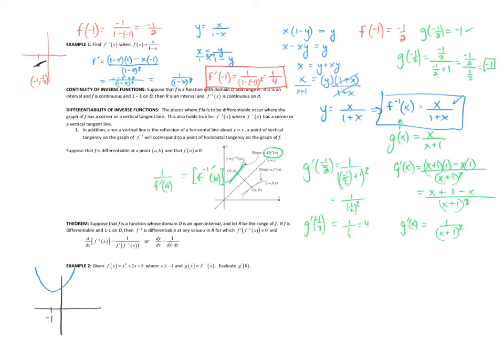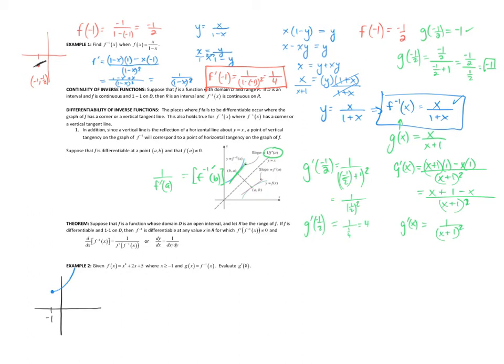But if we're only talking about x's that are greater than negative 1, we're only going to be talking about this branch. So what I can do is come back and eliminate that left side. So we're just going to take that part away, and now there's our function. It comes down and just sits here and starts from there. But that's good news because now our function is invertible.